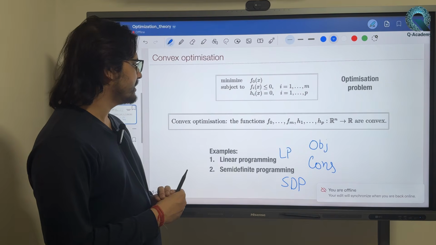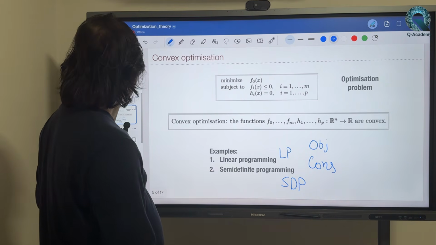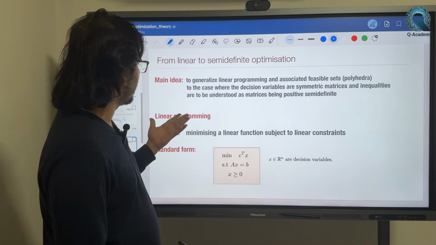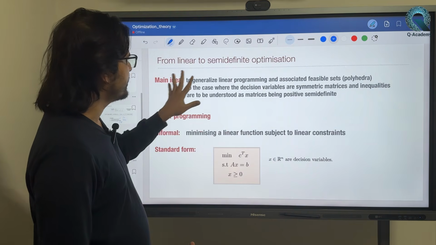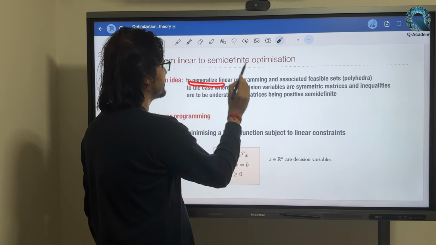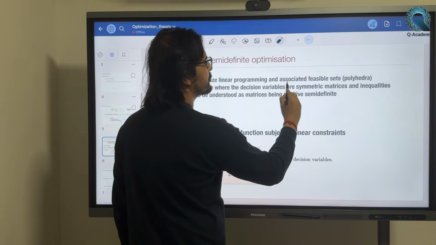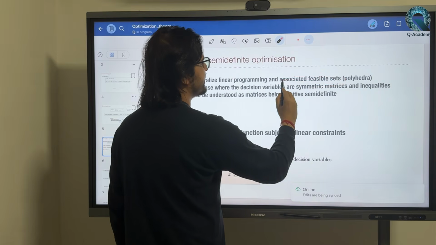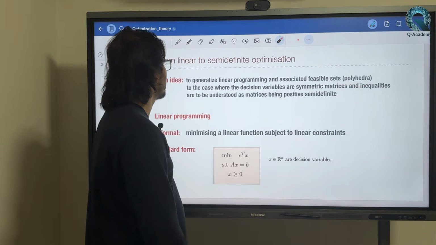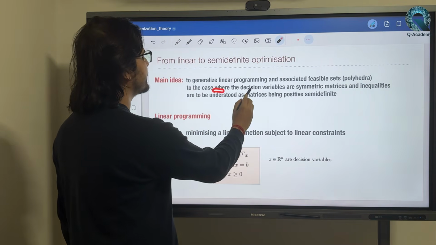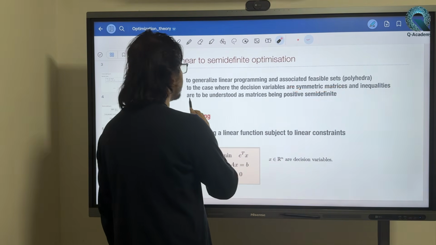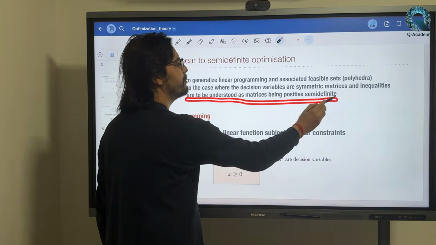For SDP, we will see what it means to be called a semi-definite program. The main idea in semi-definite optimization is to generalize linear programming and associated feasible sets. The associated feasible sets corresponding to linear programming are polyhedra. The generalization is to the case where the decision variables are symmetric matrices and inequalities are to be understood as matrices being positive semi-definite.